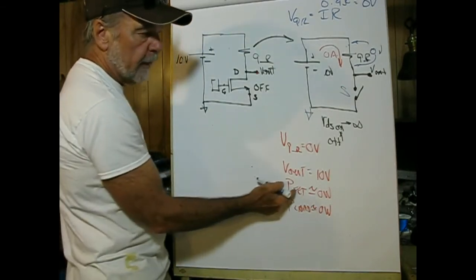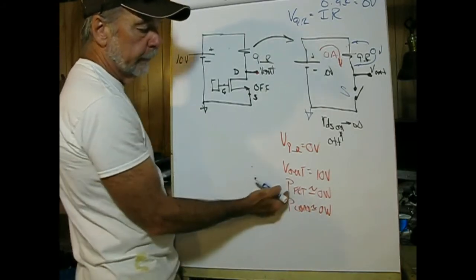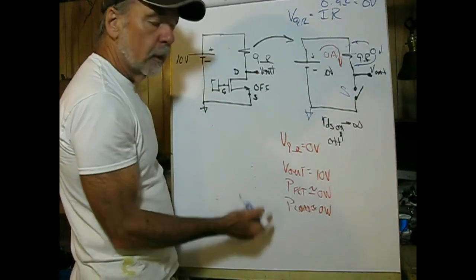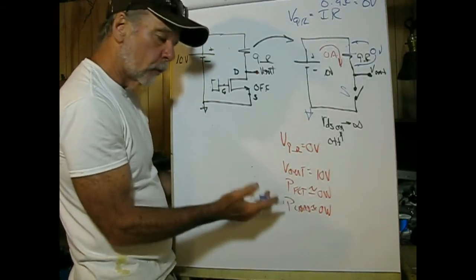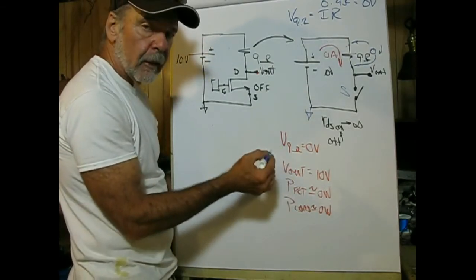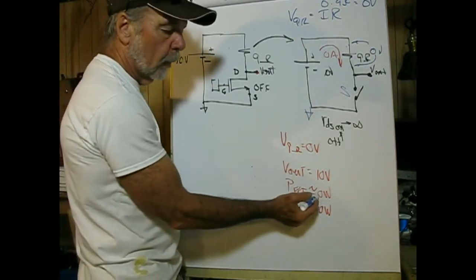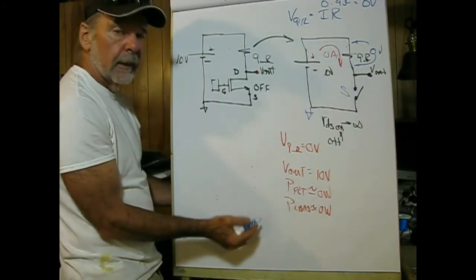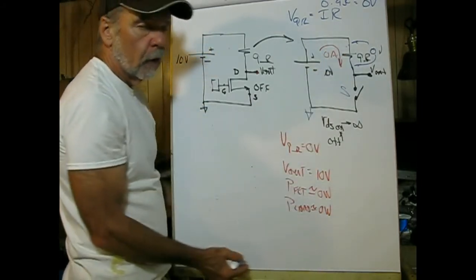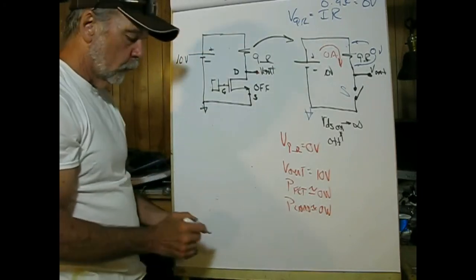The power in the FET, well, before we figured that out when it was turned on, and now it's approximately equal to 0 watts. I should have written down 0, but there's a teeny amount of leakage. So for all practical purposes it's 0, and the power across the load resistor would also be, for all practical purposes, 0 watts.